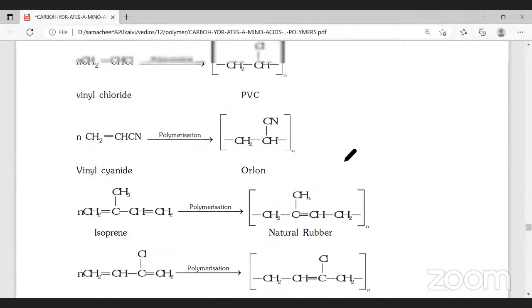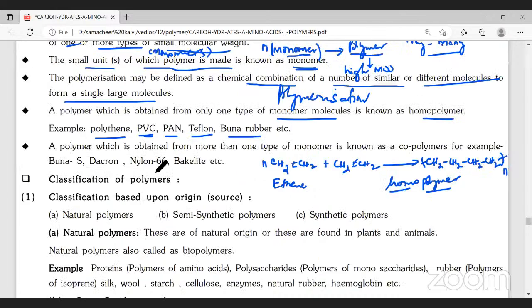So, examples of copolymers or heteropolymers are Buna S rubber, butadiene styrene, nylon 6,6, hexamethylene diamine, and bakelite is also an example.